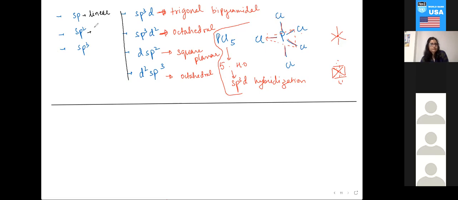Will it be trigonal or something like that? Trigonal, yes. Planar or pyramidal? Then it will be planar. Planar, yes. And SP3, I get 4 hybrid orbitals. So how will I arrange all 4 of them? Tetrahedral? Tetrahedral is right. You know all of these.